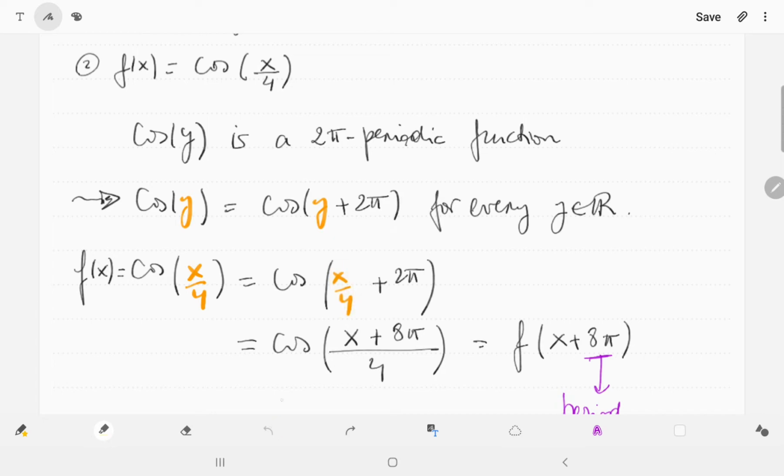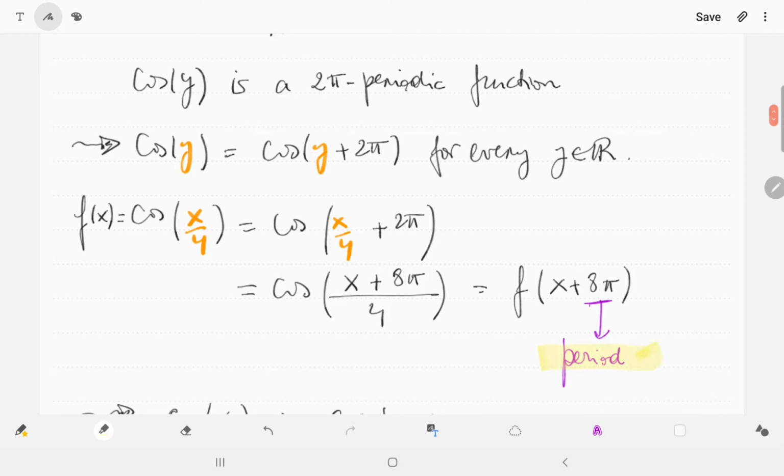Here we just made the computation inside to get x plus 8 pi over 4. And this is exactly f of x plus 8 pi. So if we look at the corners of this chain of identities, we have that f of x is equal to f of x plus 8 pi. And this is exactly the definition of f being 8 pi periodic. So this is a period for our function f.